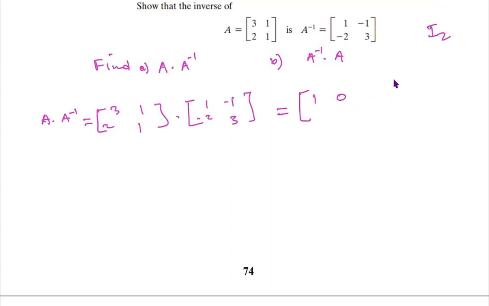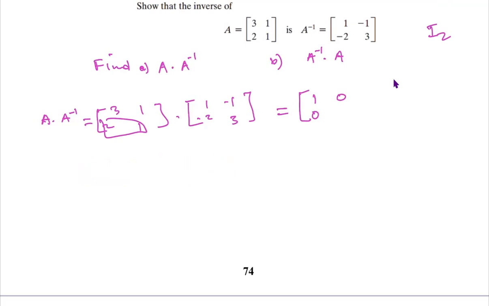2 times 1 plus 1 times negative 2, that's 0.